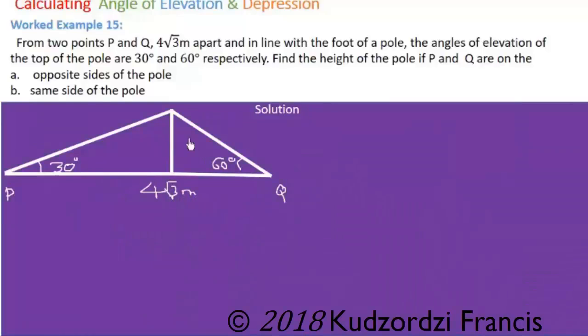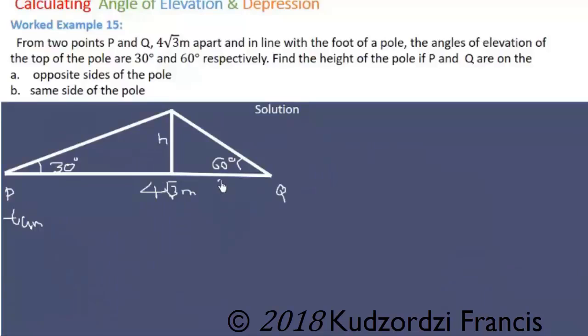So now we are looking for the height of the pole again. So we use a tangent ratio again. Now we need to find this distance that we don't know. But we know that the two distances will give us 4 root 3.